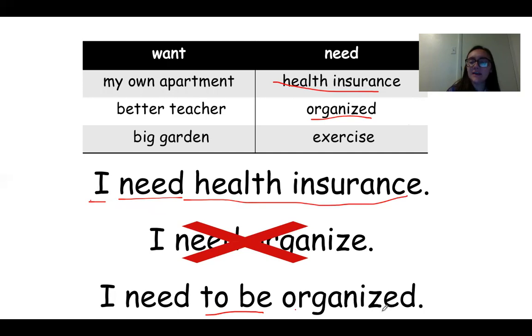Now, you may be asking, why did she say I need to be, which is simple present tense, but then the verb she uses at the end has an "ed" on it. She's not talking about the past.